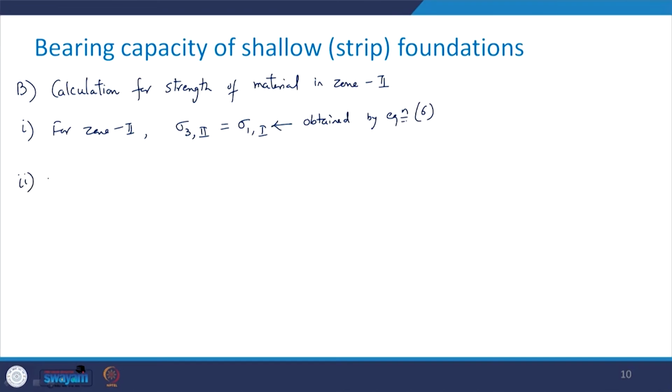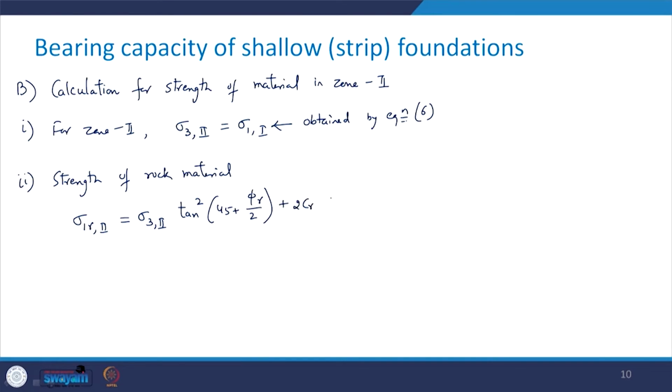So let us go to the next step and try to get the strength of the rock material in zone 2. So what we are going to get is sigma 1 R of zone 2 will be equal to sigma 3 of zone 2 tan square 45 plus phi r by 2 plus 2 CR tan 45 plus phi r upon 2.